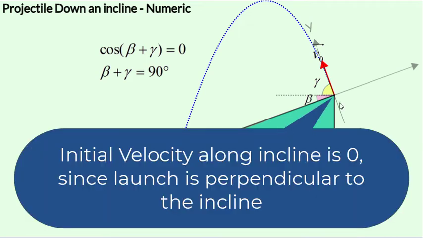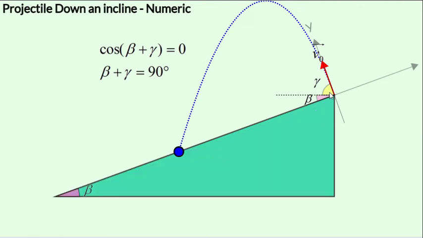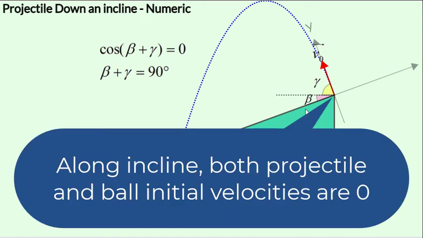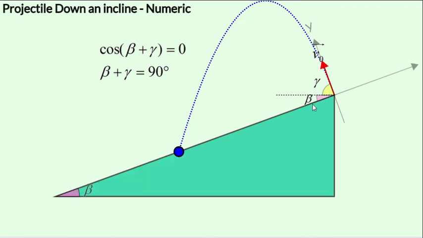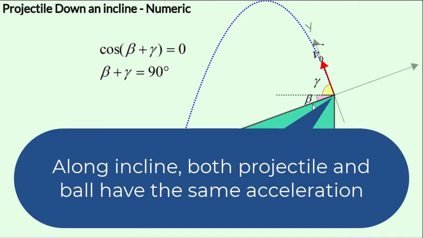The ball is released from rest, and its initial velocity would also be 0 along any axis, or in this case, along the plane of the incline. So along the plane of the incline, both the projectile and the ball have no initial velocity component along the x-axis, and they both have the same acceleration g sine beta along the plane of the incline.